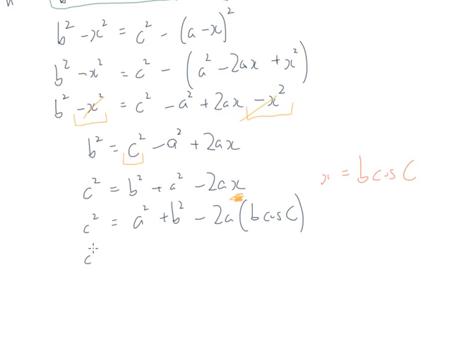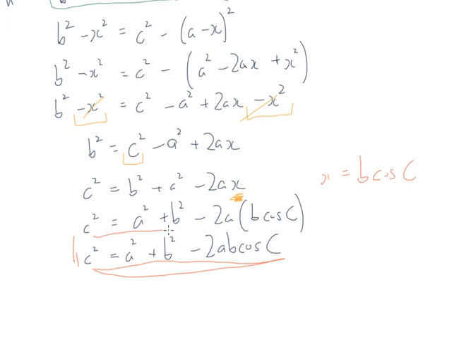So c squared equals a squared plus b squared minus 2ab cos c. And there's my cosine rule. That's what the rule says. I can get the other version by a little bit of rearranging, but that is the first case of the rule.